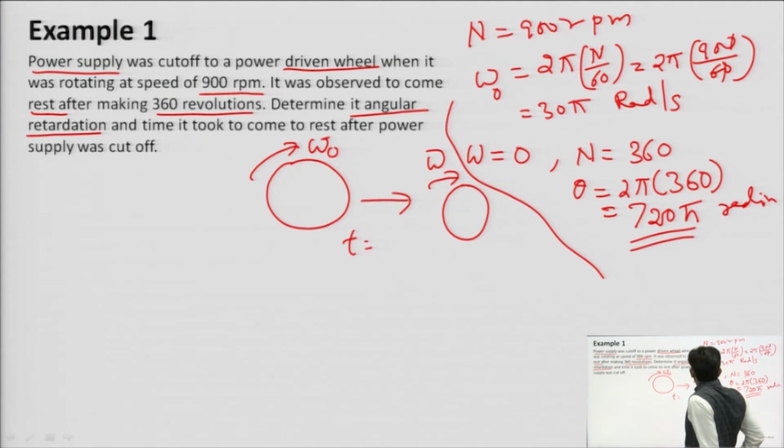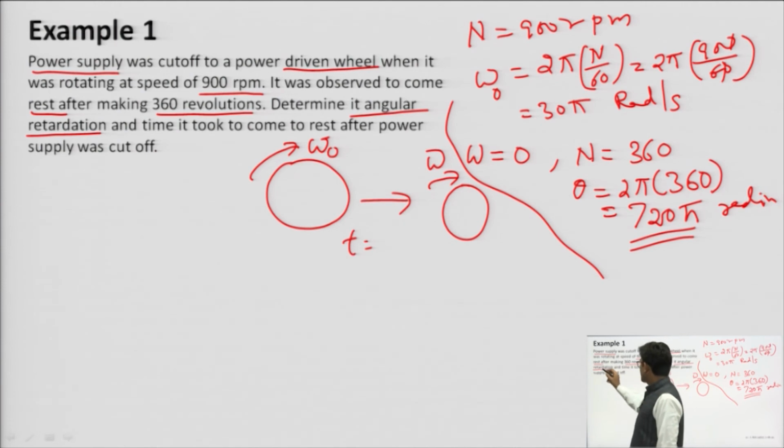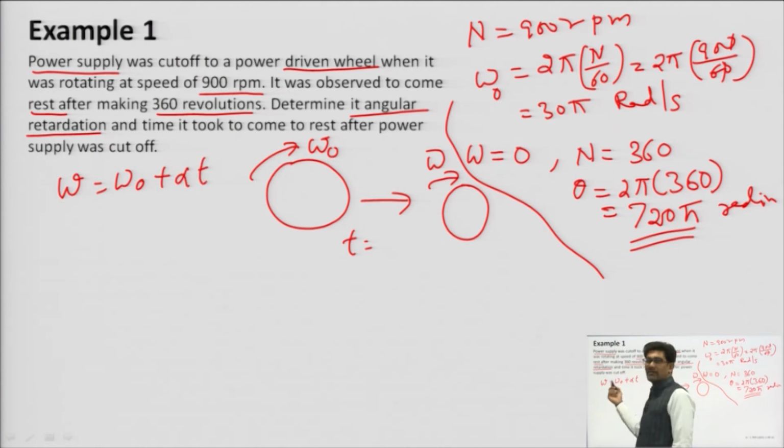So how can we calculate? Omega naught we have, omega we have. So we can calculate the retardation very easily. Omega is equal to omega naught plus alpha into t. In case of retardation, it will be negative.